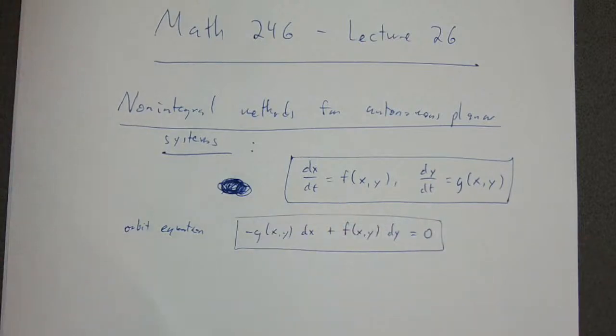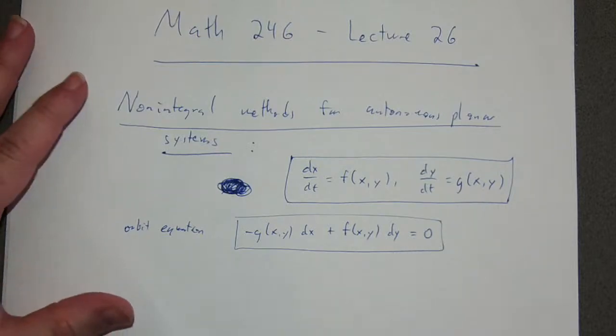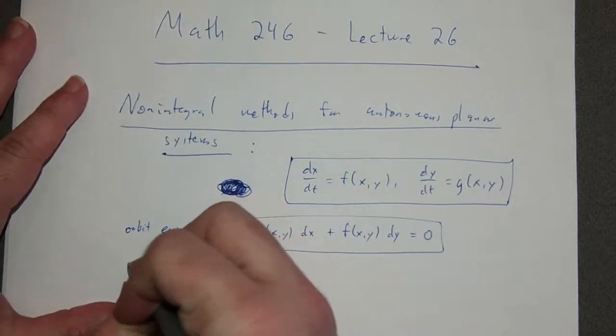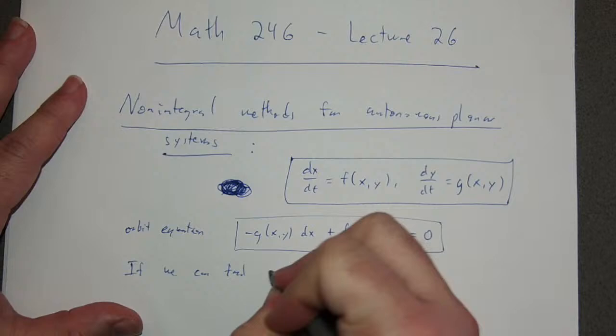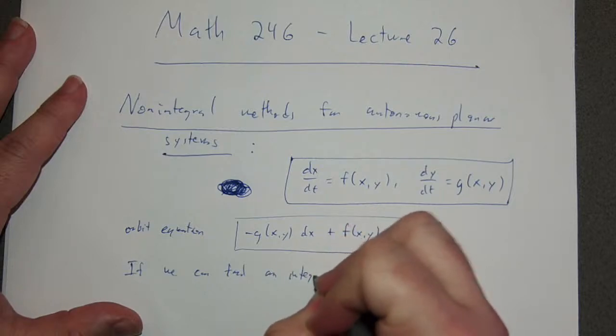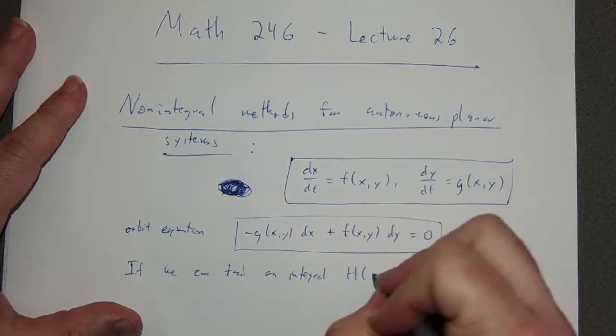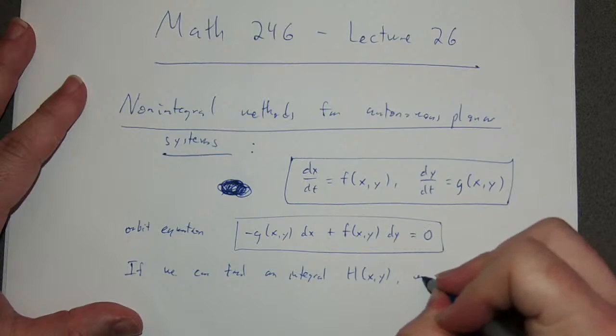Now, if this thing has an integral, then we find it by the methods of chapter 1. If we can find an integral, this tells us a ton about what it is that we're looking at, right? So if we can find an integral h of x,y for this thing, we are very happy.